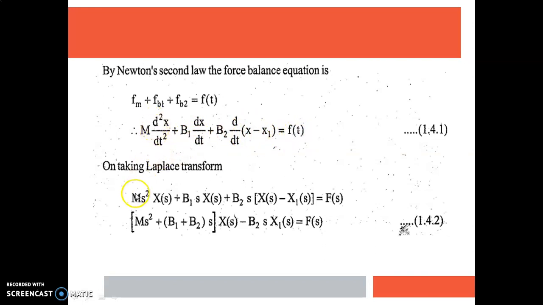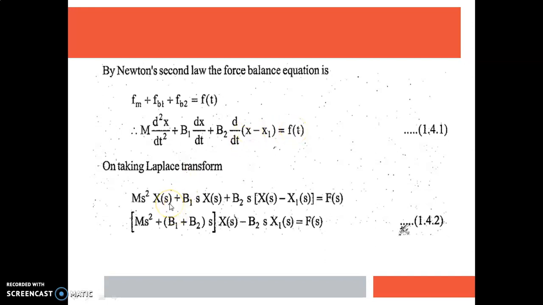Now you take the Laplace transform with zero initial conditions. M into d square x by dt square will become m into s square into x of s, plus b1 into s into x of s, plus b2 into s into x of s minus x1 of s, is equal to f of s. Now what will we do? We will group with x of s and x1 of s, isn't it?